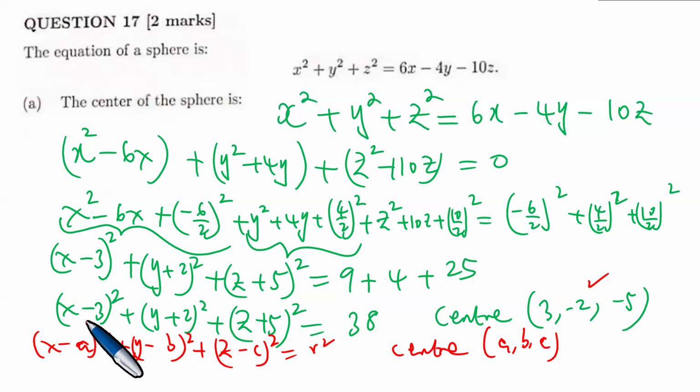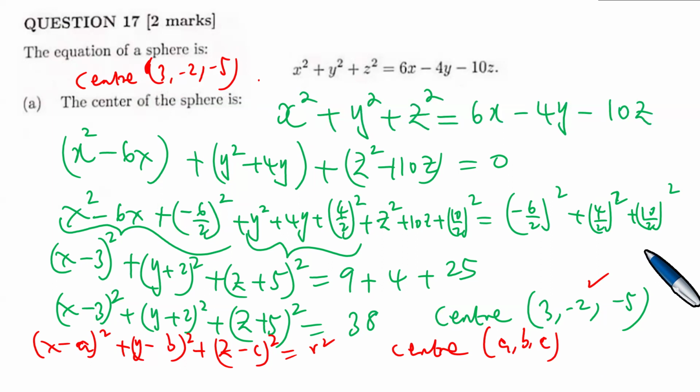So at this point, it's going to be 3, -2, -5. So what is the center? The center is 3, -2, -5. Like so. And this is the answer. Any question on this? Okay, no question.